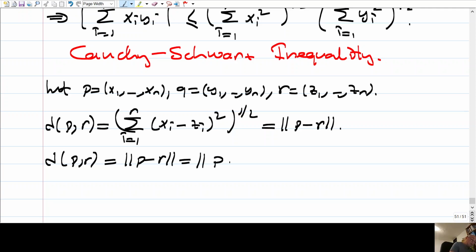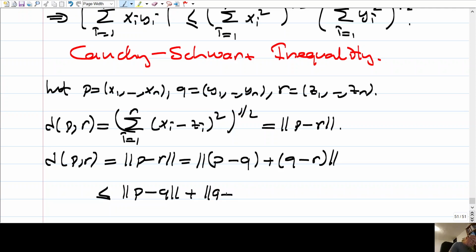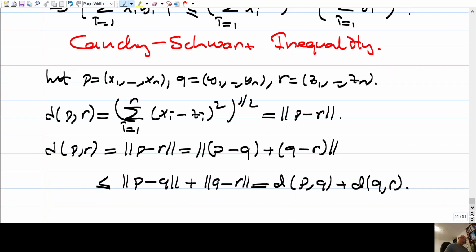We can do the following. Put Q here plus Q here, and then apply the triangle inequality, right? Which is just d(P,Q) plus d(Q,R). So you may wonder, why did we state Cauchy-Schwarz?